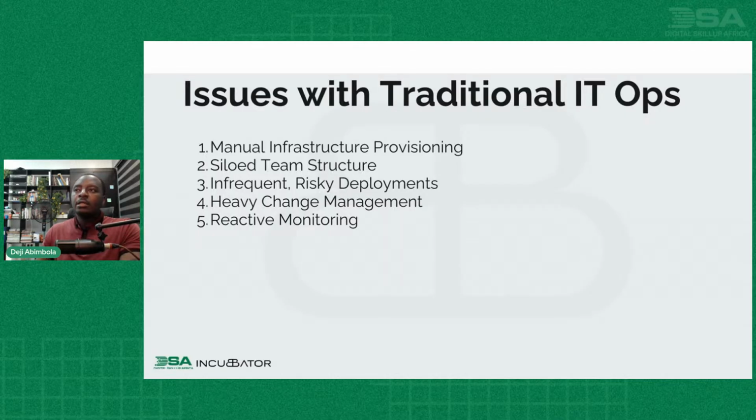And then lastly is reactive monitoring. Like I was saying, when it comes to real life usage of software, things tend to break. But nowadays, when you are using your app, the owner of the app actually sees how you use the app.